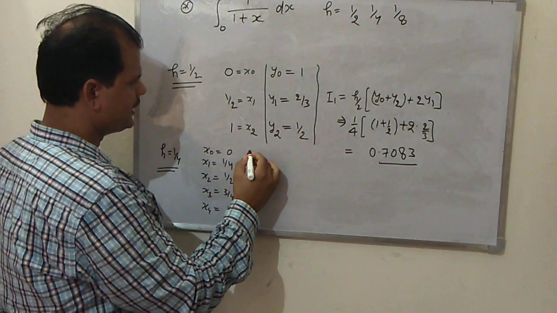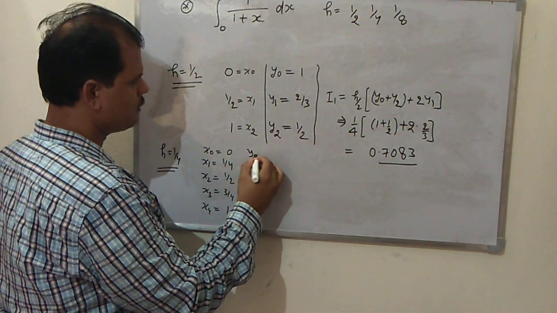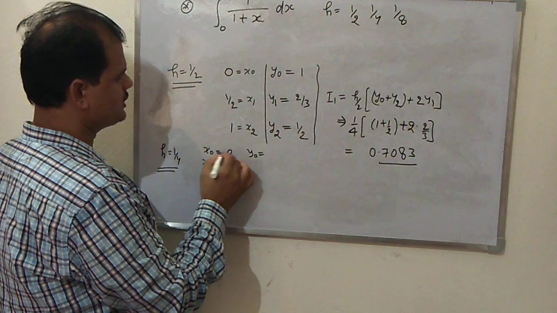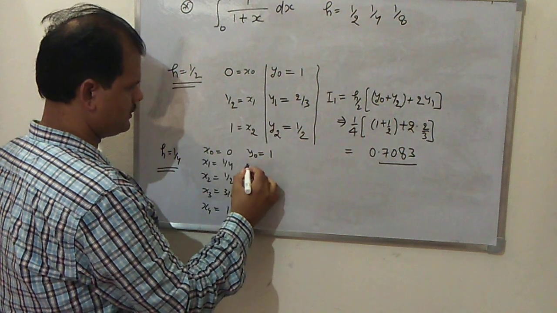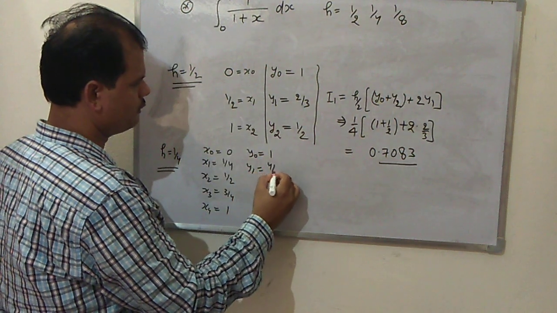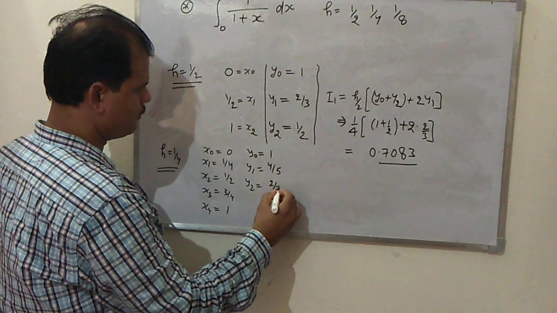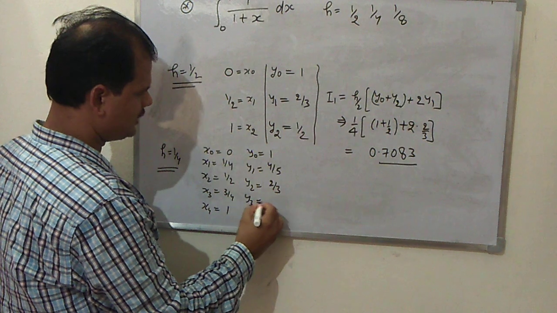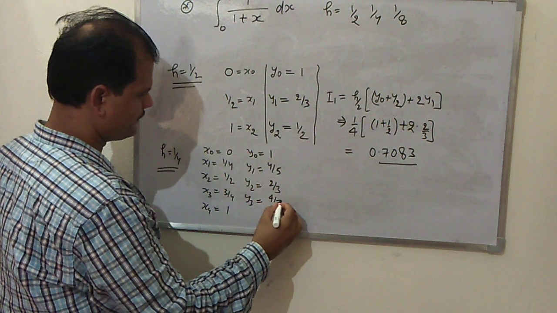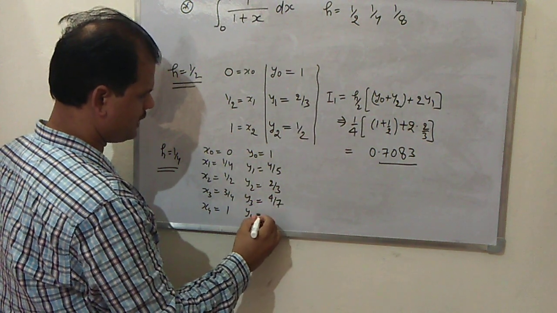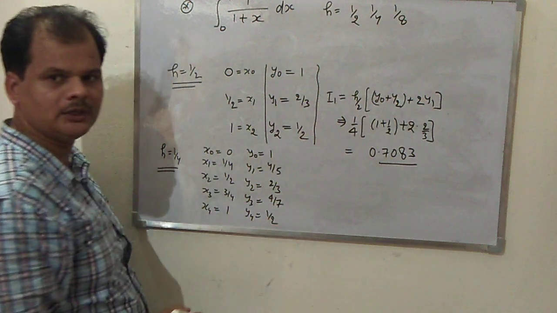Now let us take y0. So y0 equal to 1, y1 will be 4 by 5, y2 will be 2 by 3, y3 will be 4 by 7, and y4 will be 1 by 2.